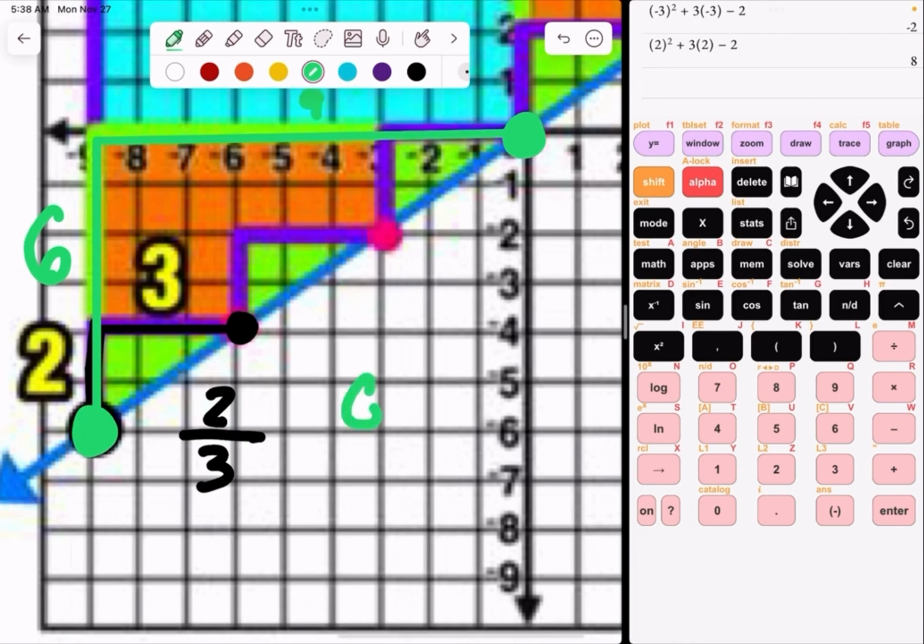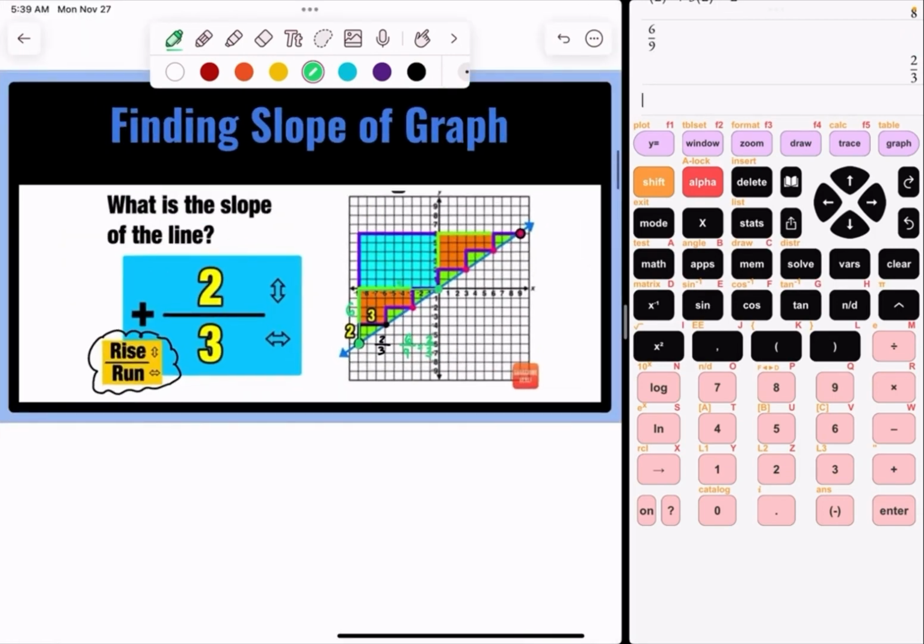We rose 6. We went to the right 9. And 6 over 9, if you simplify that in the calculator, gives us the answer of 2 over 3, meaning the slopes are the same. So that is how we find the slope of a line.